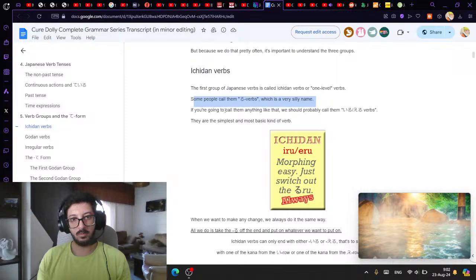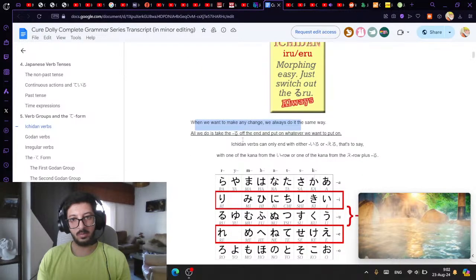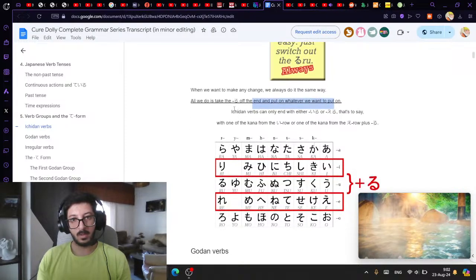Some people call them ru verbs. Iru, eru. The simplest, most basic kind of verb. When we want to make any change, we always do it the same way. All we do is take the ru off the end and put on whatever we want to put on. Ichidan verbs can only end with iru, eru.